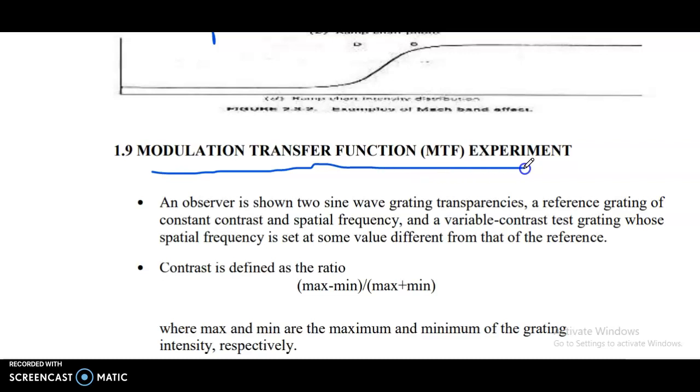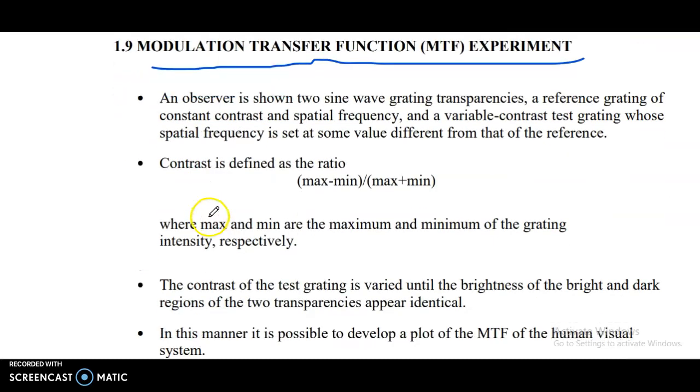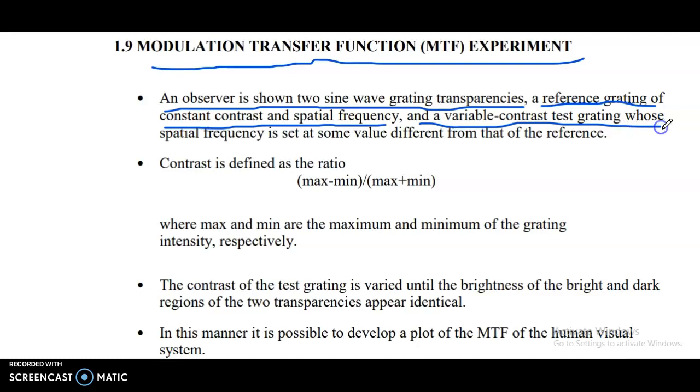Modulation transfer function, MTF experiment. An observer is shown two sine wave grating transparencies: a reference grating of constant contrast and spatial frequency, and a variable contrast test grating whose spatial frequency is set at some value different from that of the reference.